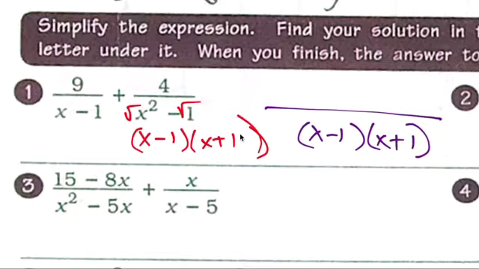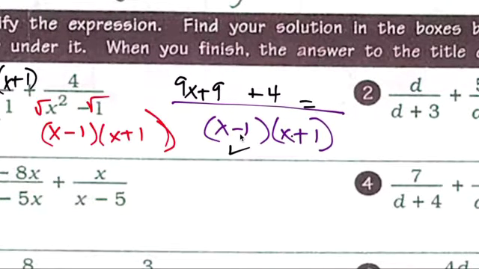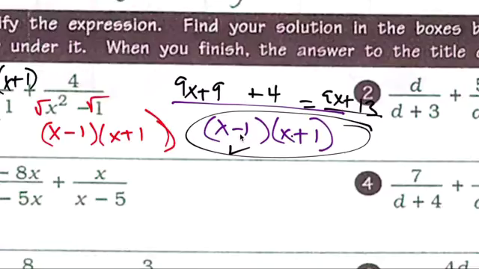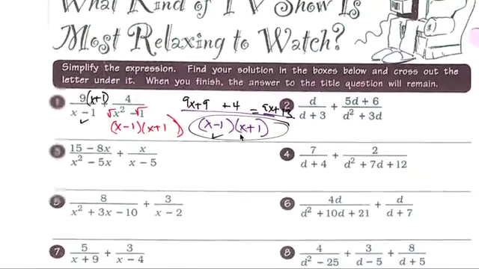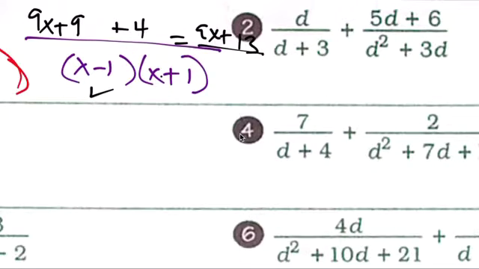This one here has that one, missing that one, so times x plus 1 there. You get 9x plus 9. And this one has everything, so plus 4. So the answer is 9x plus 4, 13, all over this denominator. Do it on a separate sheet of paper, because what I'm doing is not acceptable.